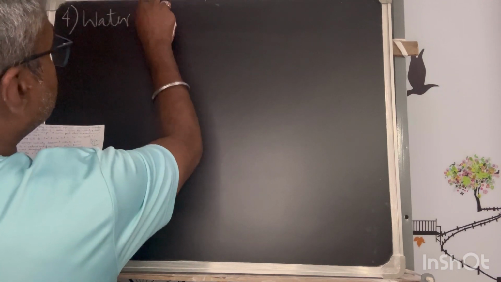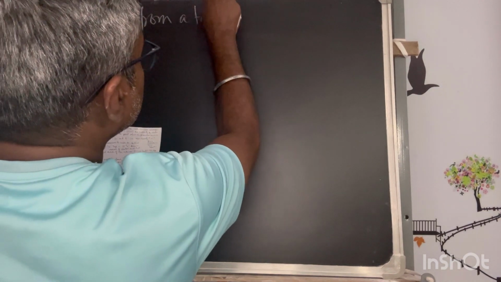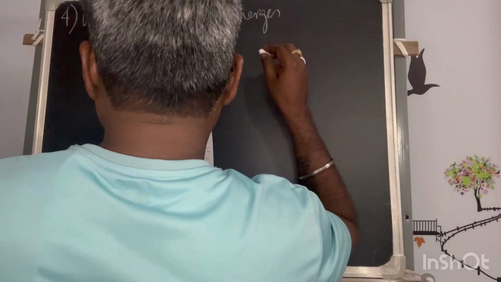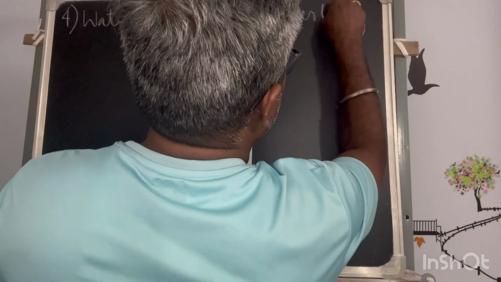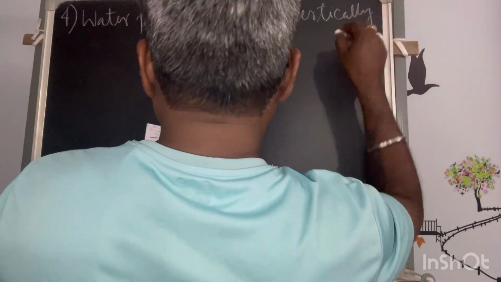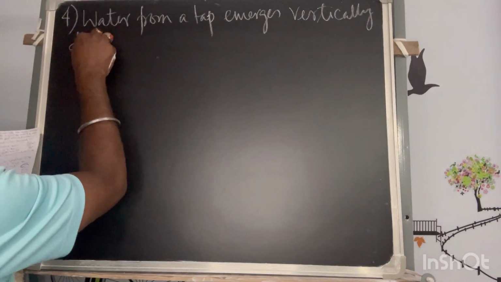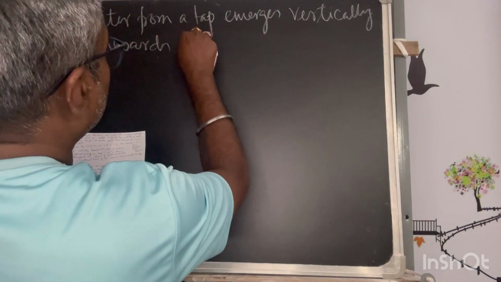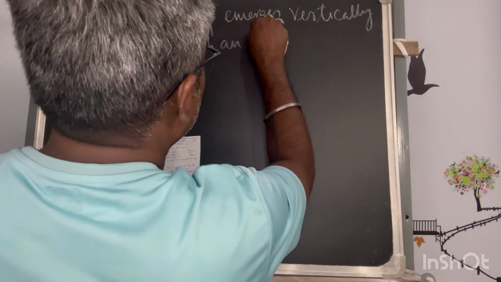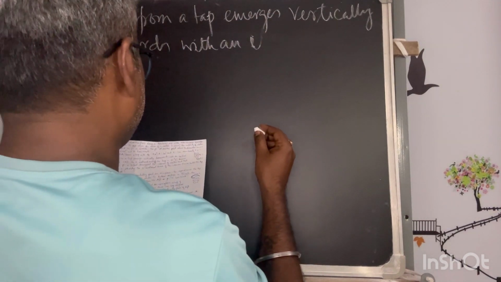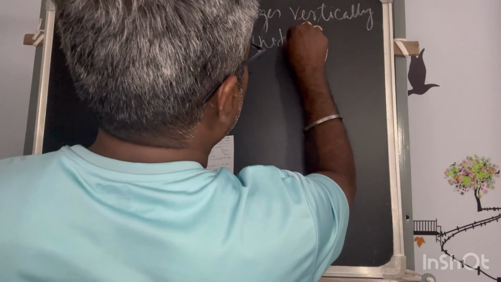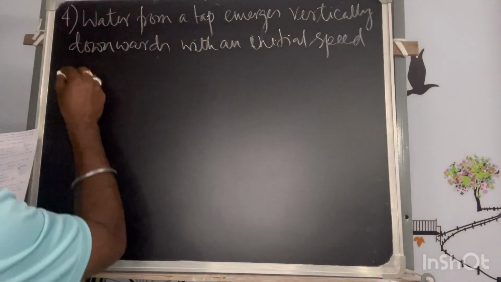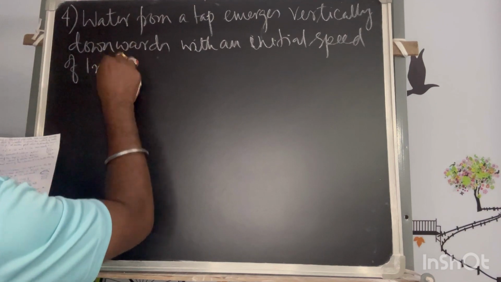Water from a tap emerges vertically downwards with an initial speed of 1 meter per second.